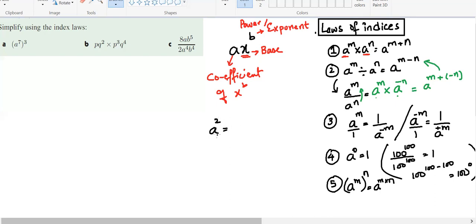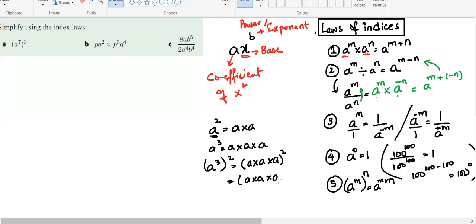This square means the same base is going to be multiplied by itself 2 times. A cubed would mean the same base multiplied by itself 3 times. So if it is a cubed, it means a is multiplied by itself, a times a times a. And then if it's a squared, the same base is multiplied by itself that many times.